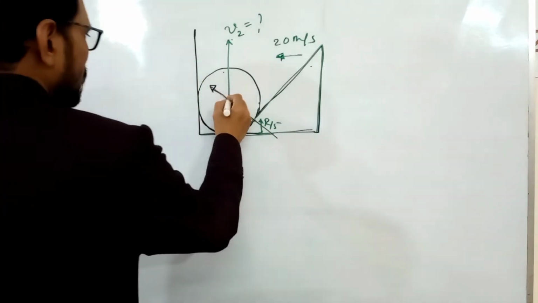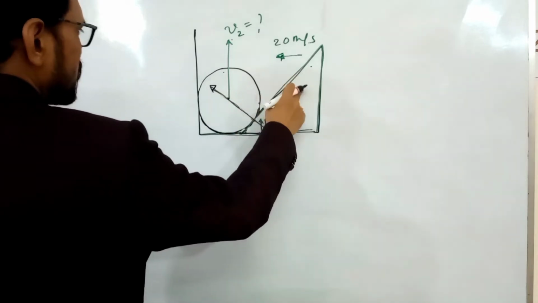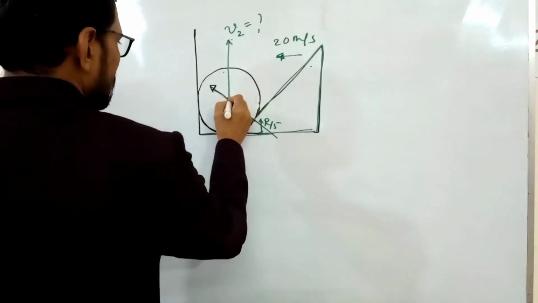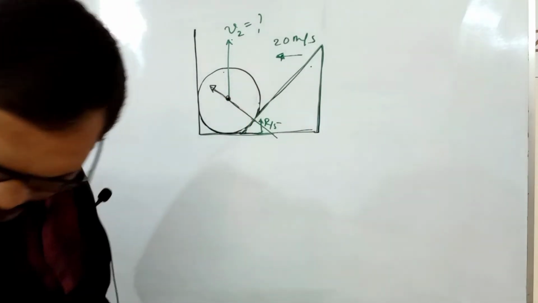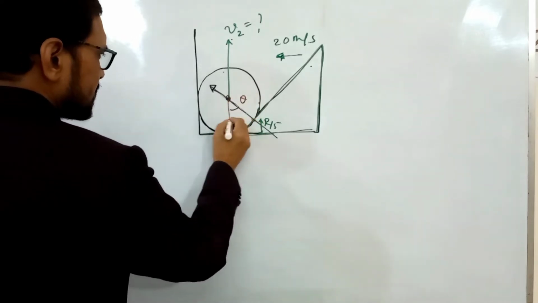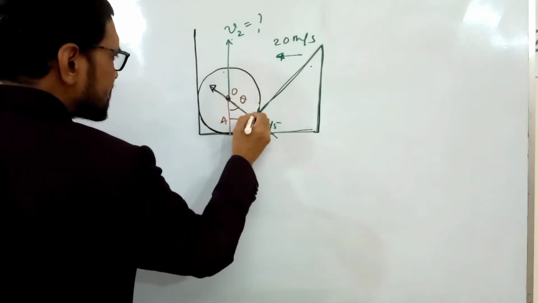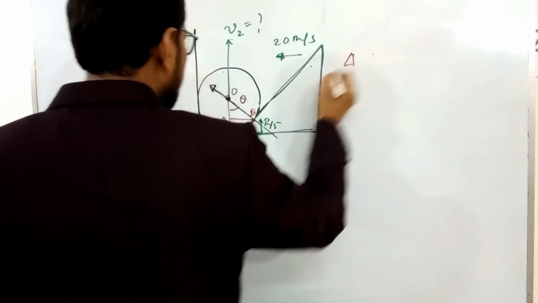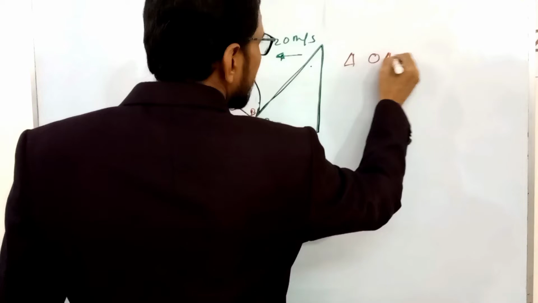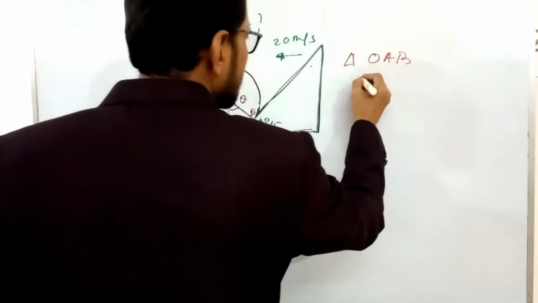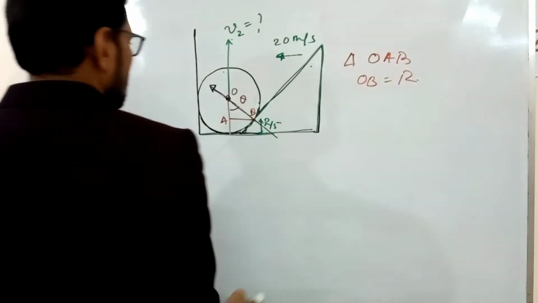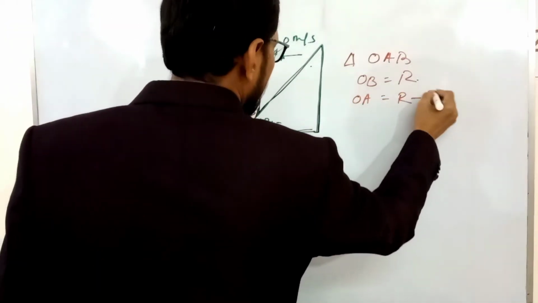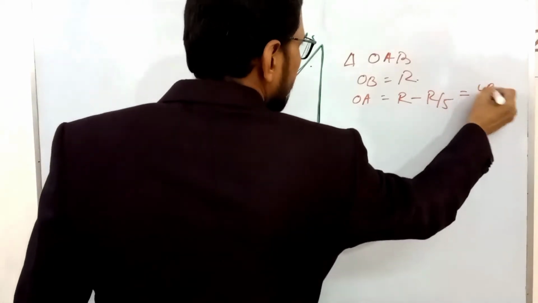Now we have to find the velocity of the wedge and velocity of the sphere along the normal direction. If this angle is theta, suppose this is O, this is A, this is B. From triangle OAB, first we find the angle theta. From triangle OAB, OB is R, and OA equals R minus R by 5, which is equal to 4R by 5.